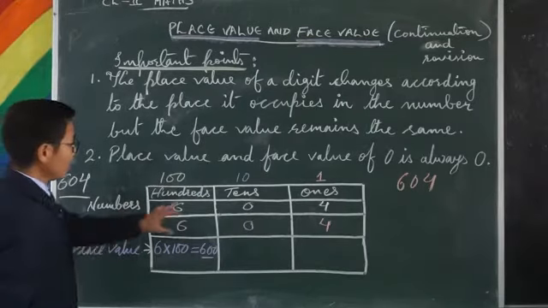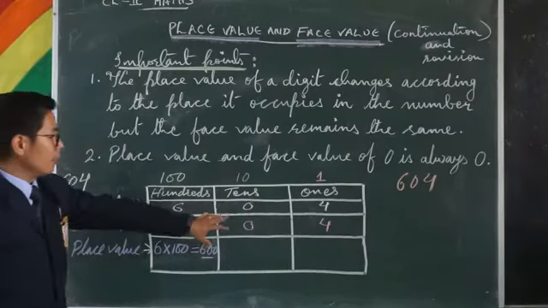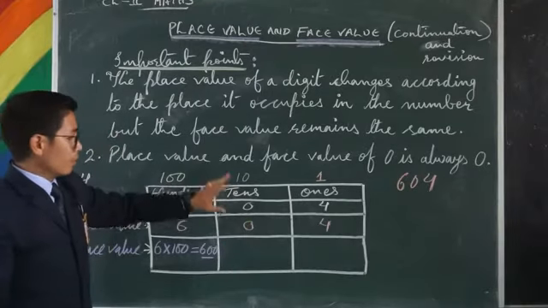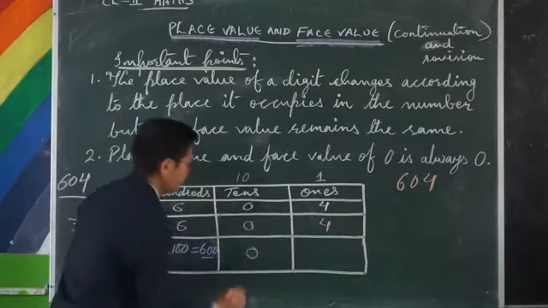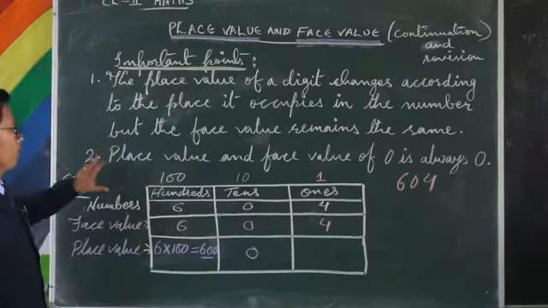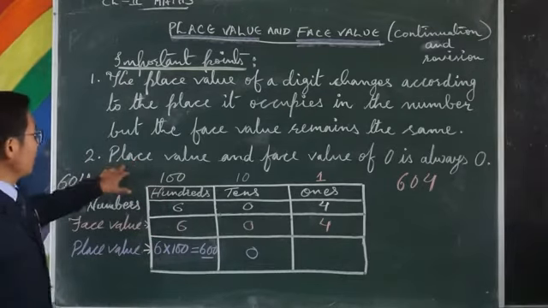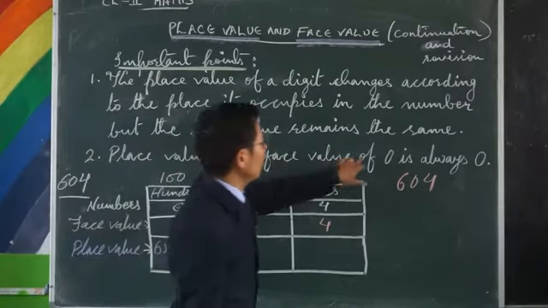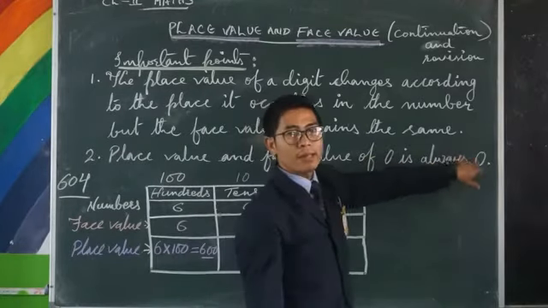Now, the place value of 0 will be 0. Why? Because we have already seen in the points that the place value and face value of 0 is always 0.